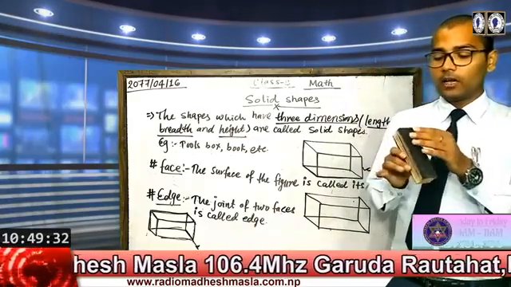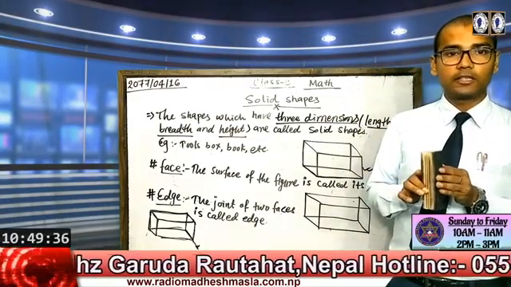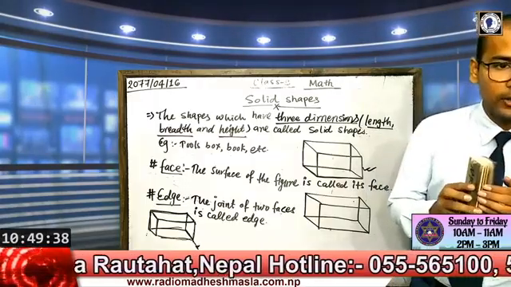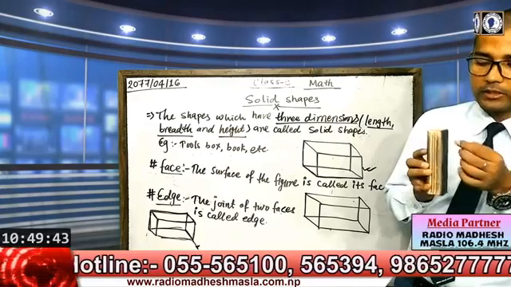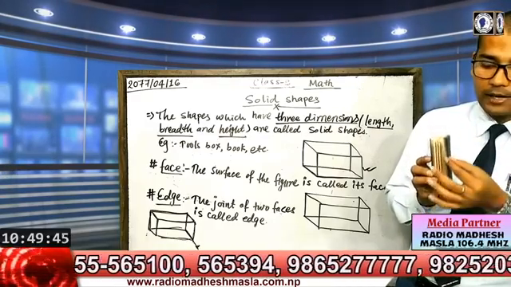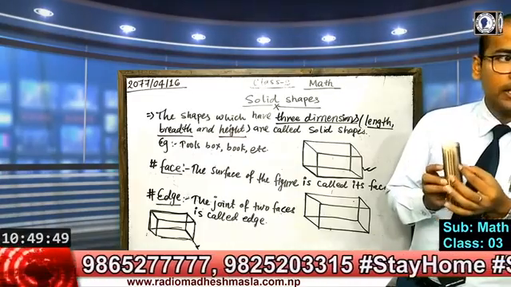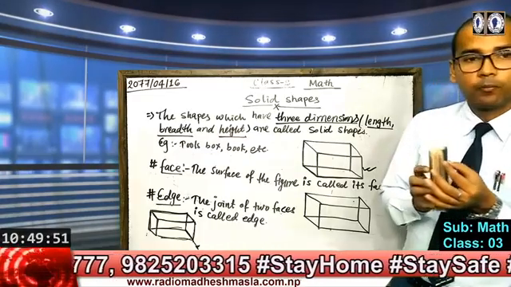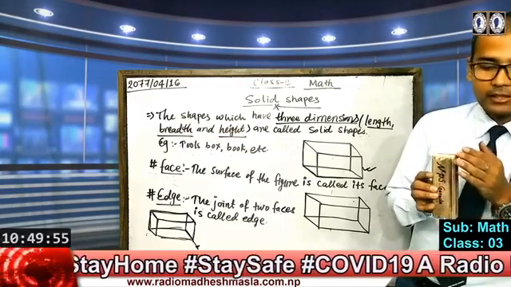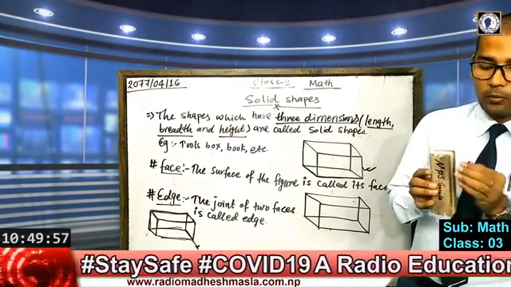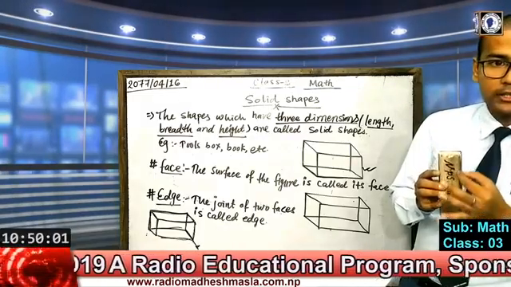Here we have one surface, that means one face. In the same way this is another face, and the joining of these faces is this part. In the same way, this one is one surface and this one is another surface. When this surface and this surface join, it forms another edge here.